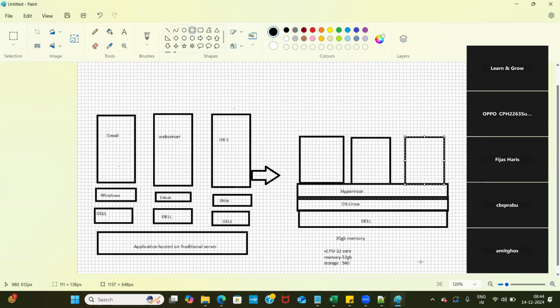I'm sharing the 3 VMs equally, like the vCPU 8 cores, memory 8 GB, and storage.